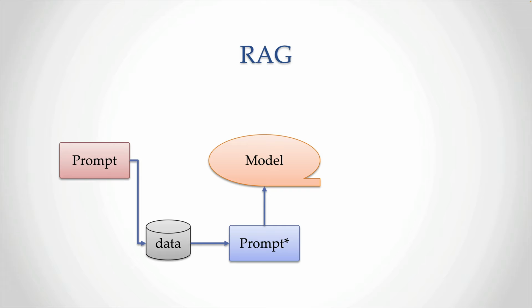So now the model has your prompt, some extra information, and it can still have access to its own information. And now it's going to think about it, for as long as it needs. But now the output should be better because the model was augmented with new information.